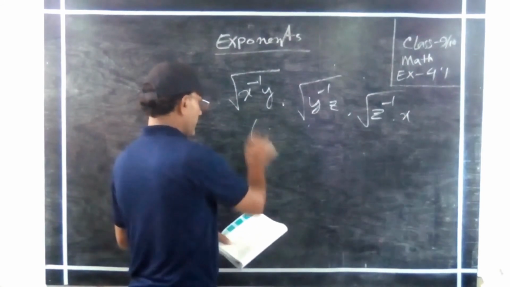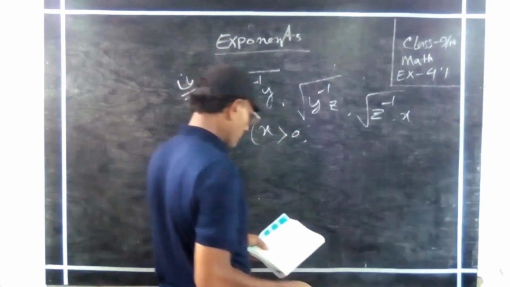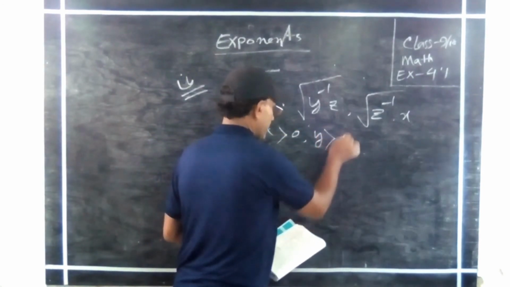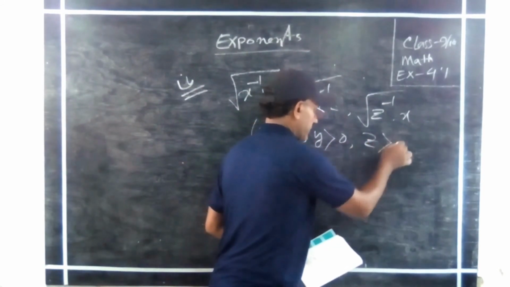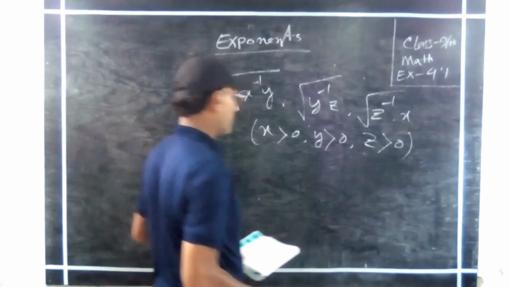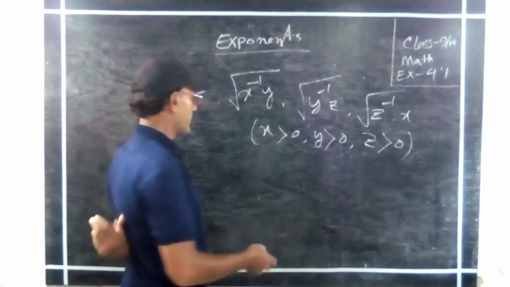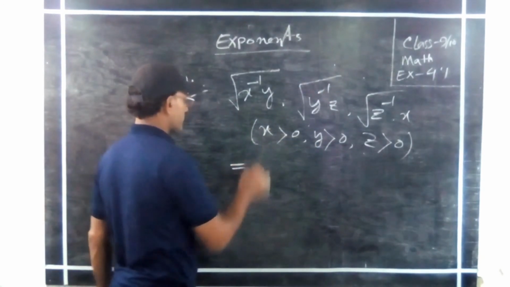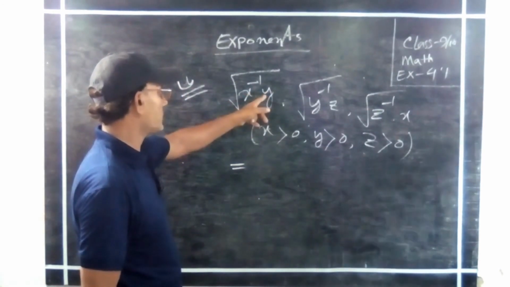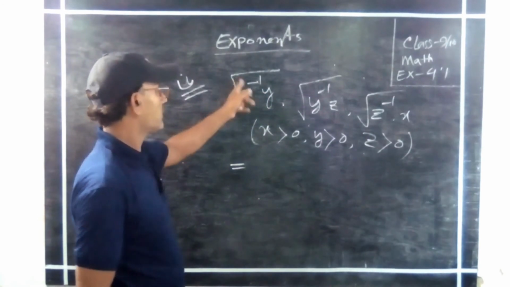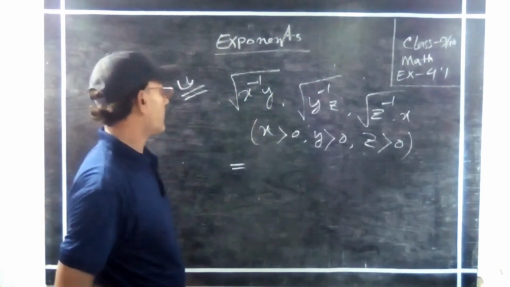Here the hints: x greater than 0, y greater than 0, and z greater than 0. That's our law. Here we can write x to the power minus 1 whole to the y, into y to the power, that means root over, root value is power half.